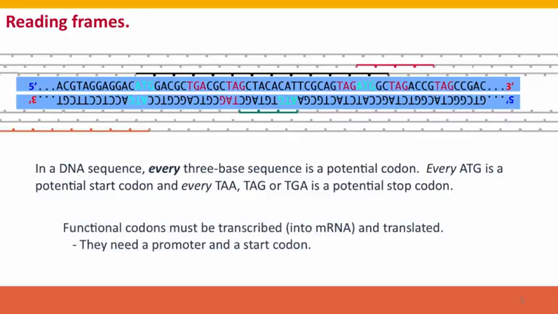The cell translates messenger RNA. And the only things that are considered by the ribosome are sequences that have a promoter so that they can be transcribed. And then they are potentially translatable.